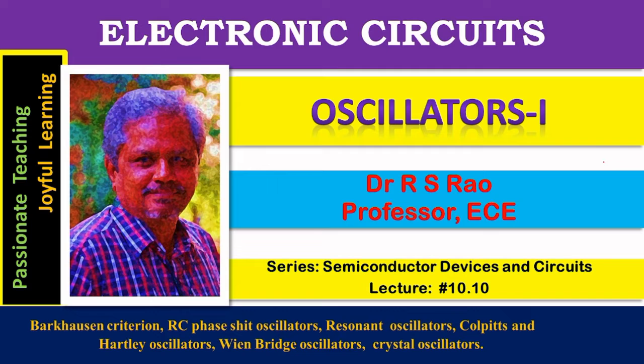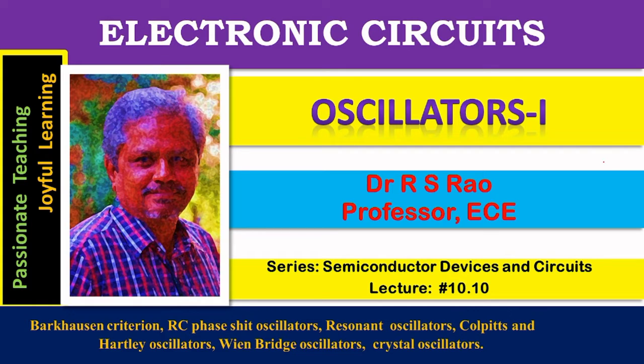This complex equation implies two real equations, one for the magnitude of loop gain, mod minus A beta equal to 1. Another on the angle of loop gain, angle of minus A beta equal to 0, 2 pi, 4 pi, etc.